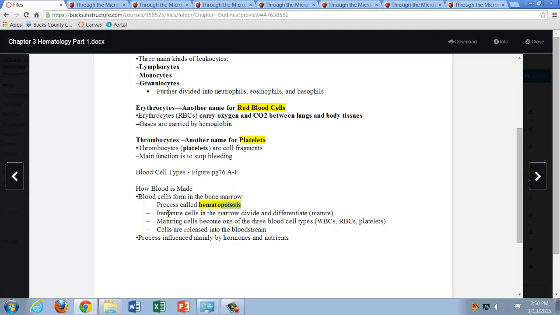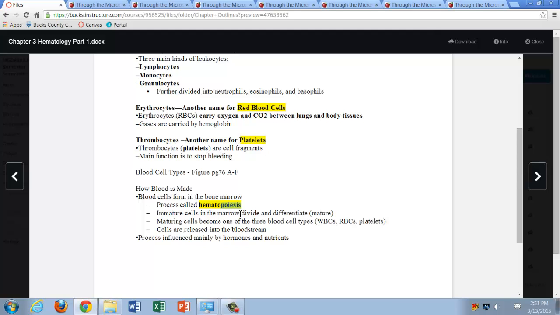Within the bone marrow, the blood cells are actually immature. They go through a maturation process, and then they are released out into our peripheral circulation. So when we draw a blood specimen from the vein, that specimen is peripheral blood.